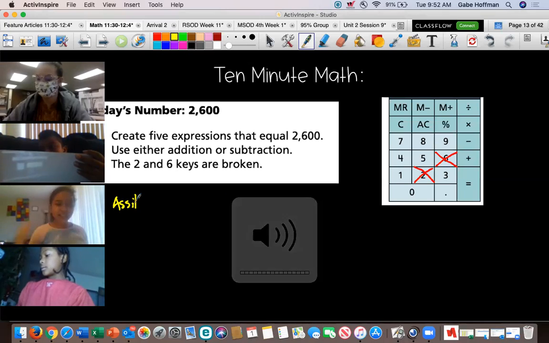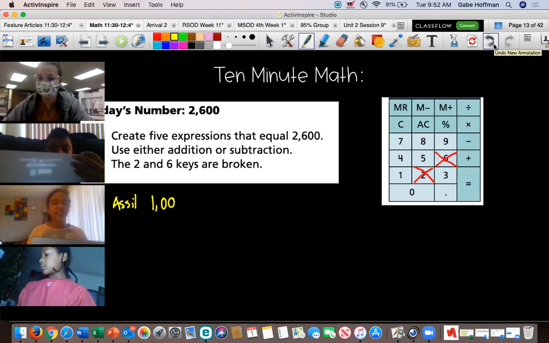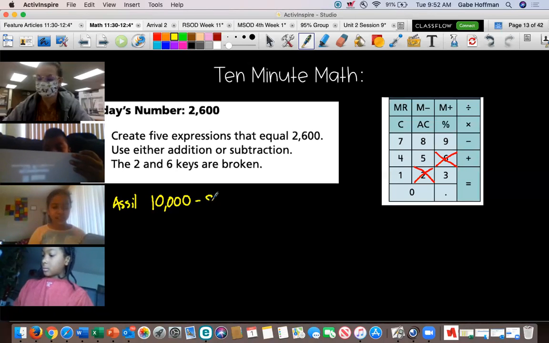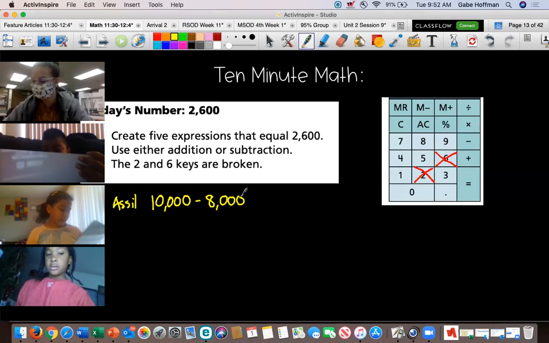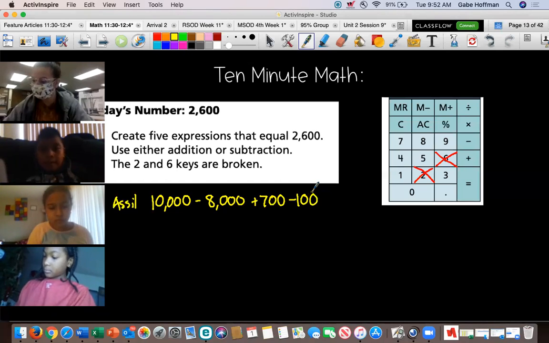So I did 10,000 minus 8,000. All right, where did that put you if you did 10,000 minus 8,000? Plus 700 minus 100. All right, let's go through and let's check and make sure that works.